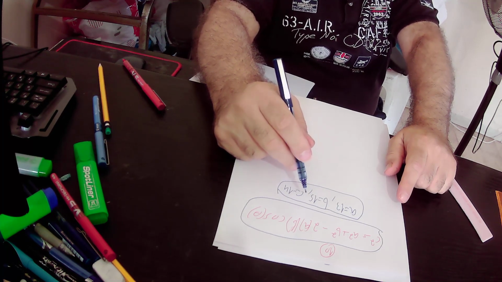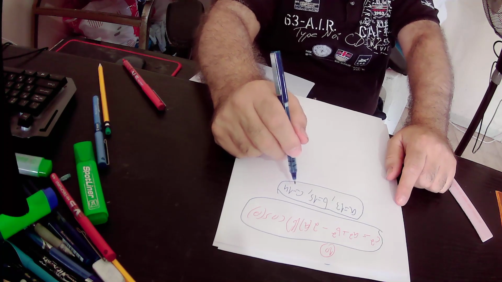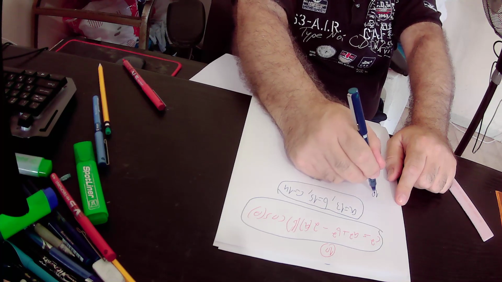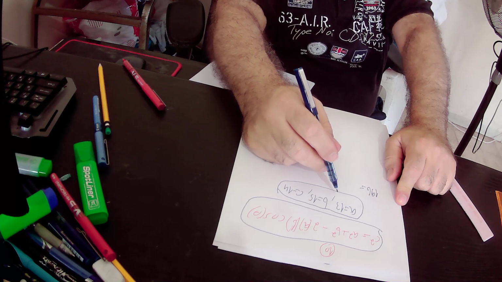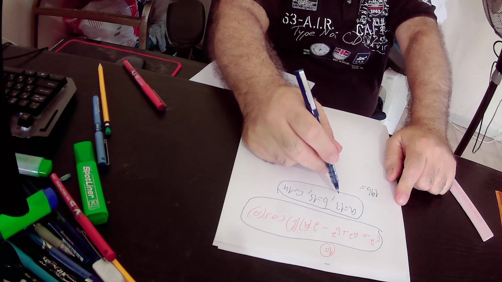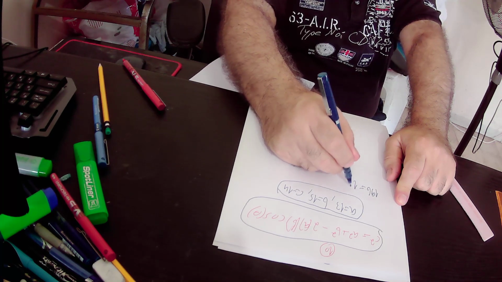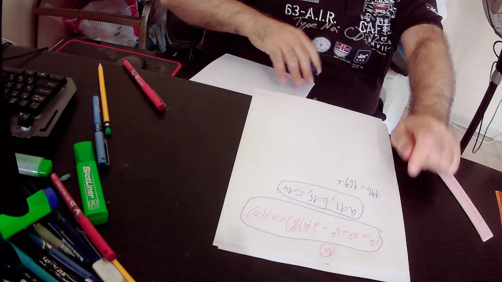We know that C equals 14 units, so C squared is 14 squared, and 14 squared is 196, equals A squared. A equals 13, so A squared is 13 squared, and 13 squared is 169, plus B squared.